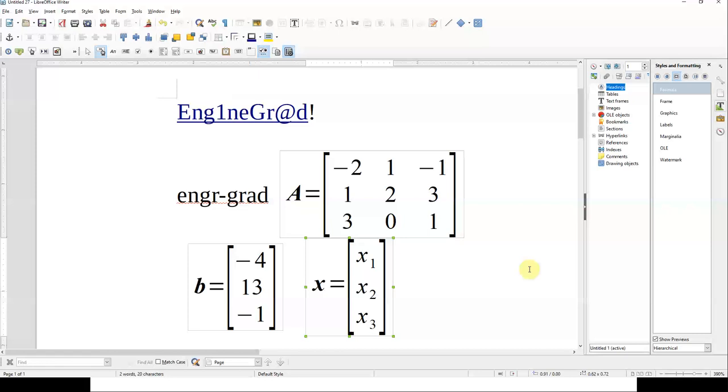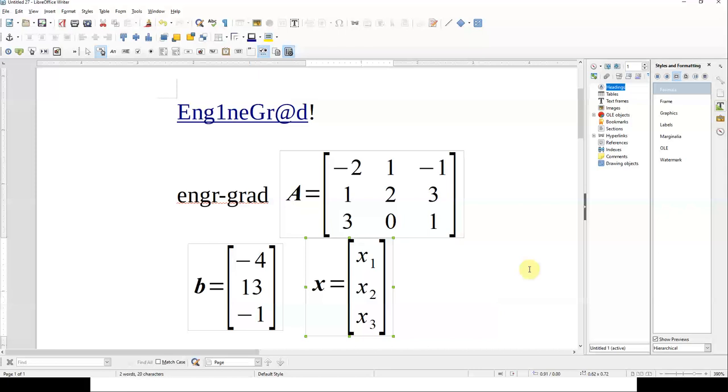And the answer is like 2. We want to know what's here. What's here is the dot product of this with that. And so on. So let's look at it.